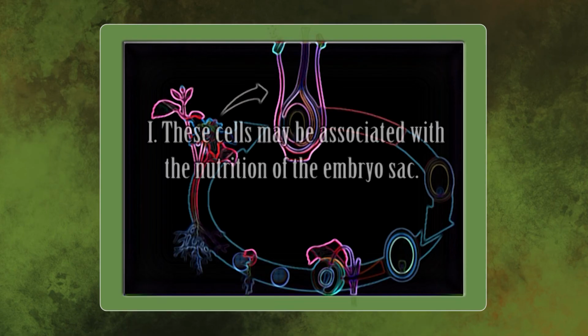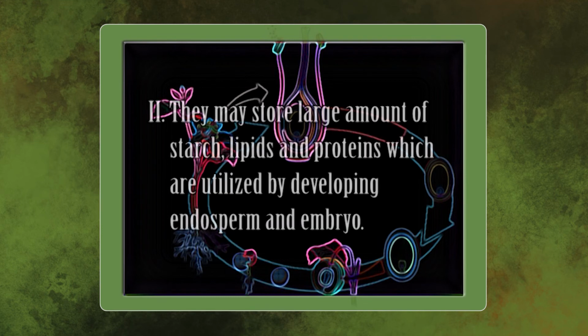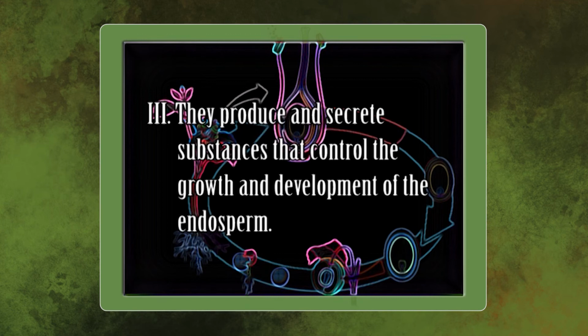Number one, these cells may be associated with the nutrition of the embryo sac. Number two, they may store large amount of starch, lipids and proteins which are utilized by developing endosperm and embryo. Number three, they produce and secrete substances that control the growth and development of the endosperm.